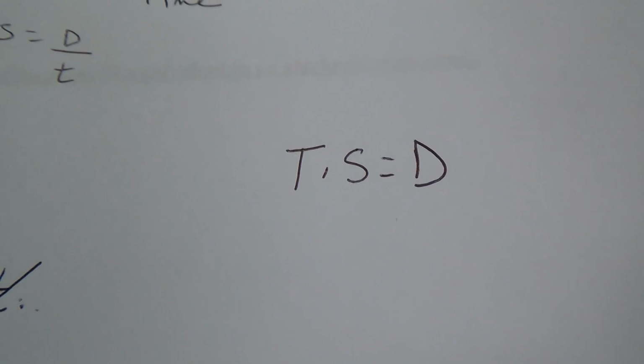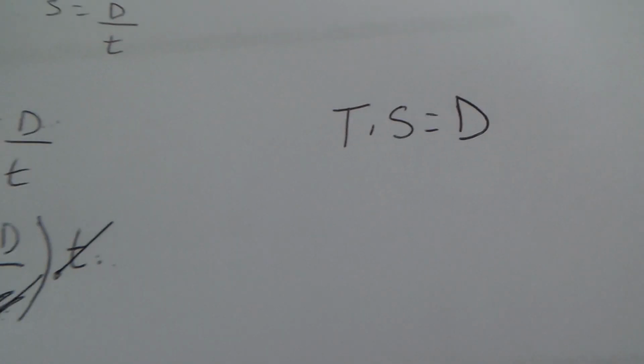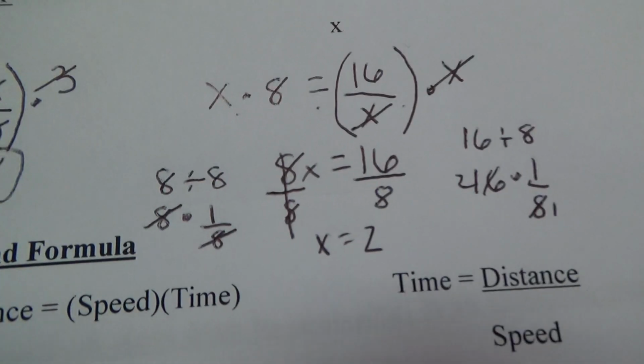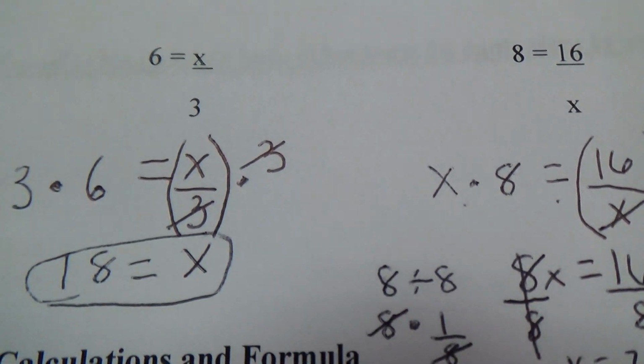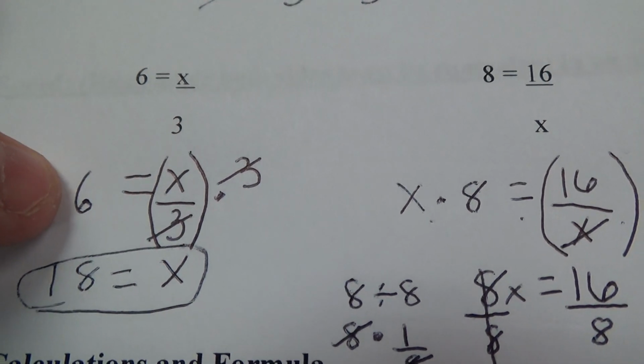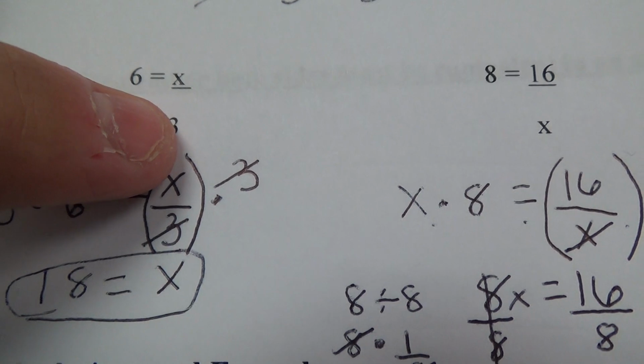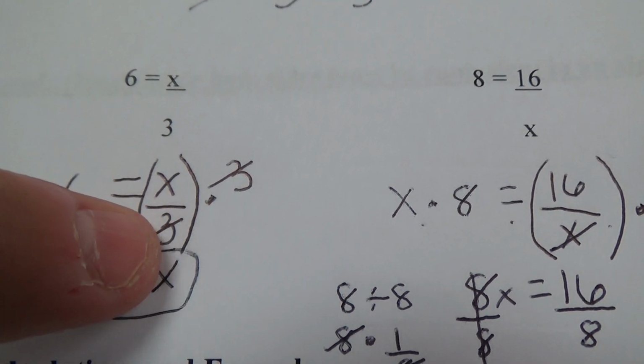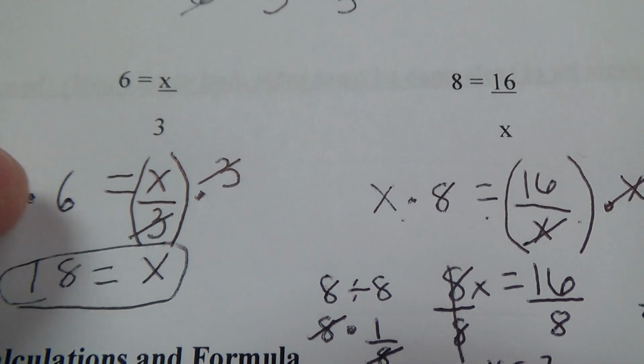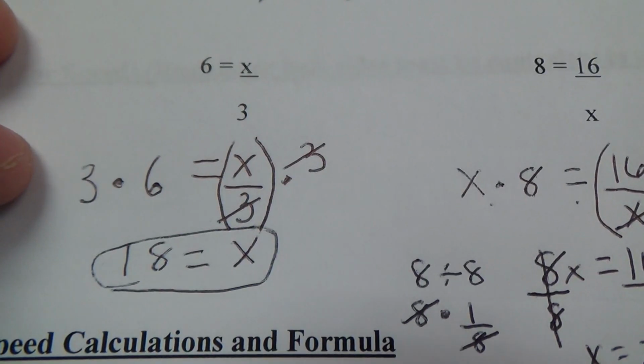Okay? And again, it's the same as we did up here. Speed equals distance over time. This is our unknown. I needed to get time, the denominator over here, to cancel. Same idea. And this tells me if I want distance, I need to take the speed times the time.